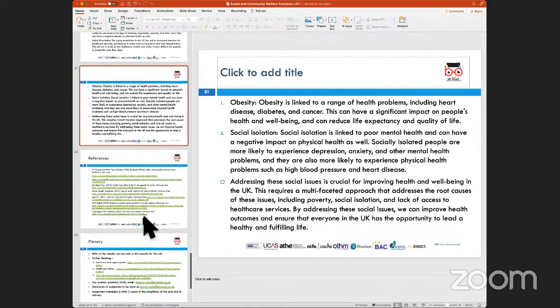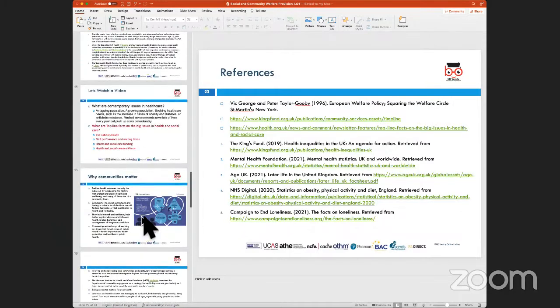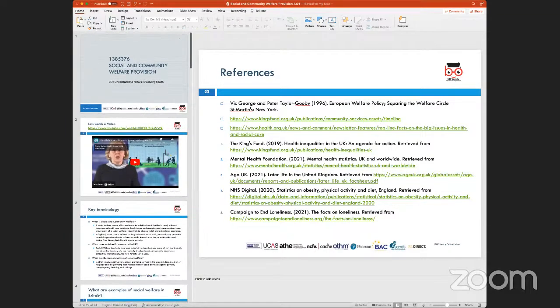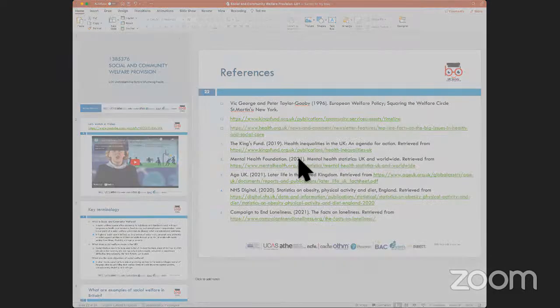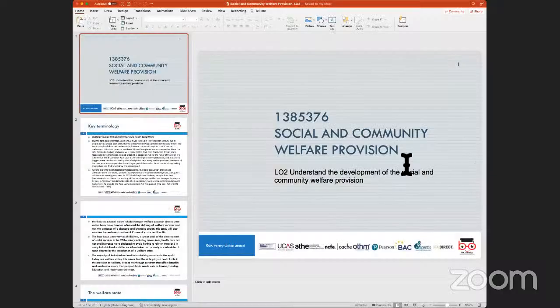Now, the presentation covers this in a great amount of detail. My suggestion would be to go through this, and that would help cover and do a quick recap of, I would say, learning outcome 1. Now, let's move on to learning outcome 2, which is where we need to understand the development of how social and community welfare provision has happened within our society, especially when we talk about Britain.